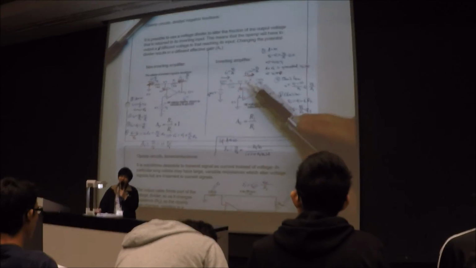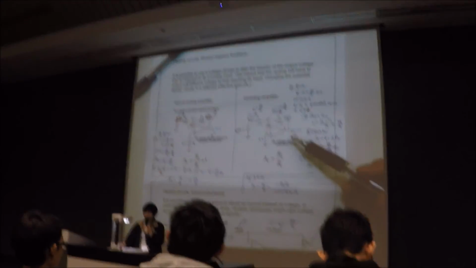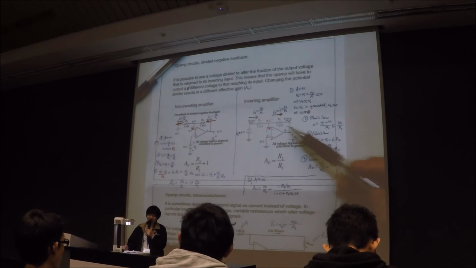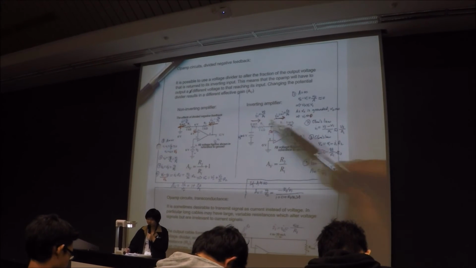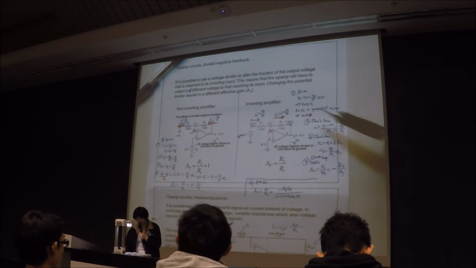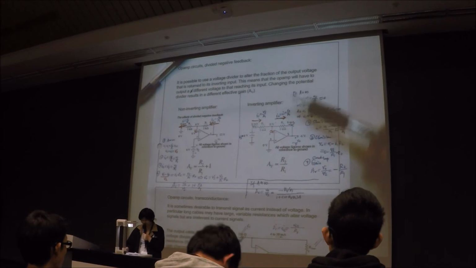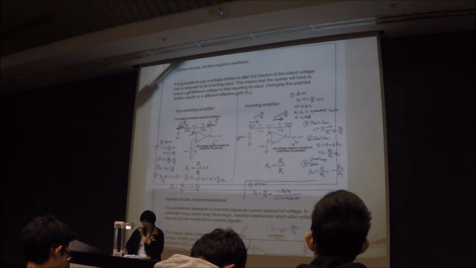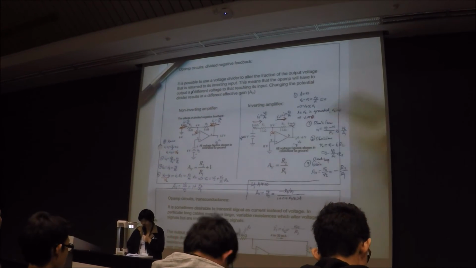So the current flowing through the resistor R2 will be towards the right as well, and this value is also equivalent to I1, the current that runs through R1.